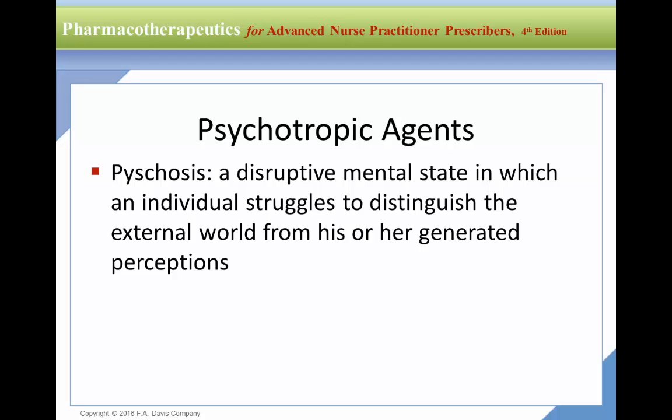They would have cognitive deficit with impaired reasoning and problem solving. Basically, the cause is unknown, but it's a disruptive mental state in which individuals struggle to distinguish between the external world, actual reality, and their perceptions.